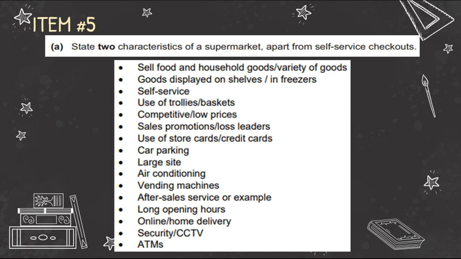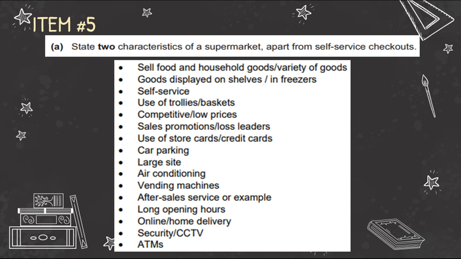So in a supermarket, of course, obviously it's self-service. A supermarket has a large site. It has air conditioning. A supermarket has CCTV as a part of the security. Of course, a supermarket has an ATM. There are vending machines. The goods are displayed on the shelves.